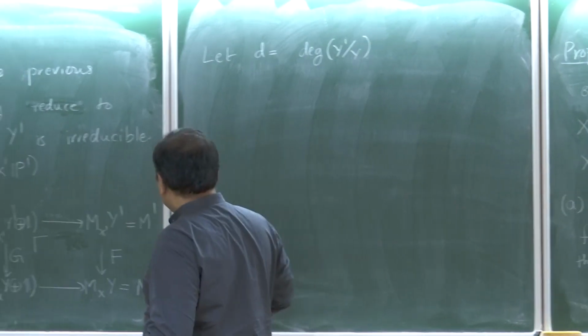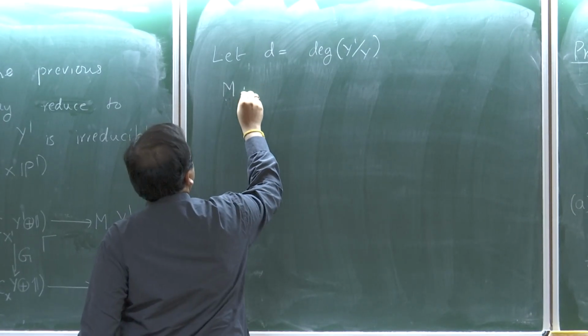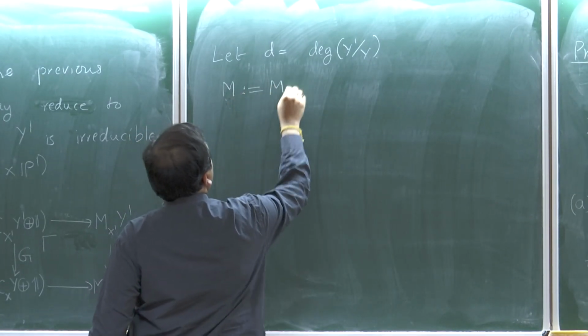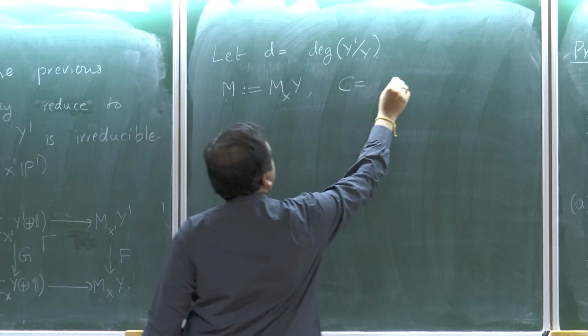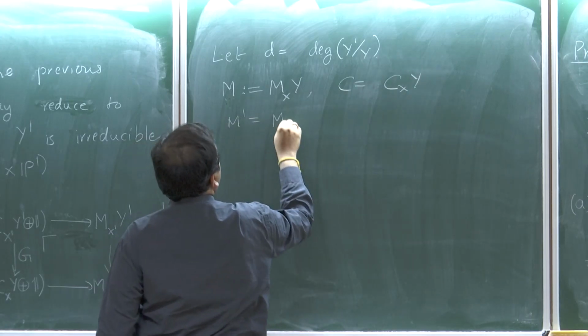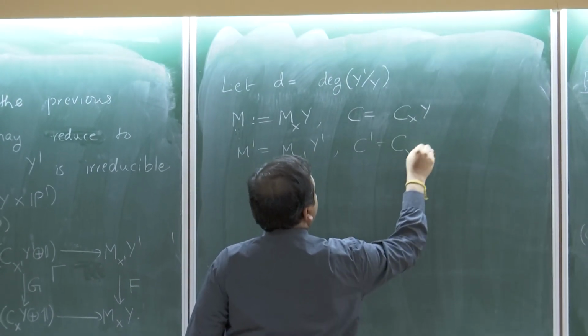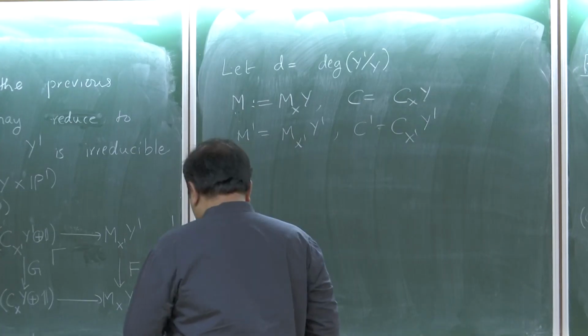So m is m x y, c is c x y, m prime is m x prime y prime, c prime is c x prime y prime.